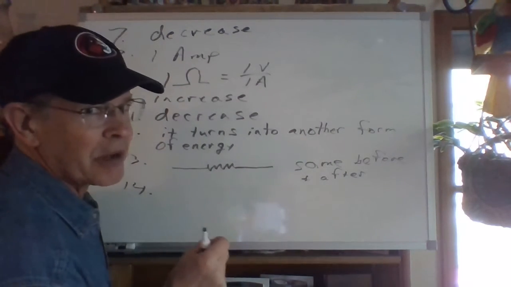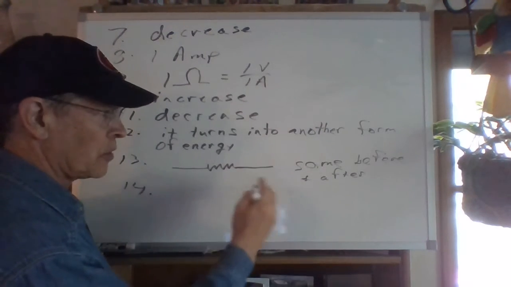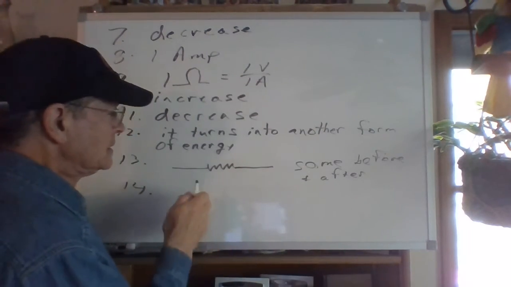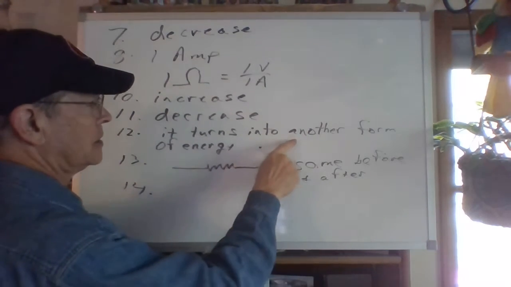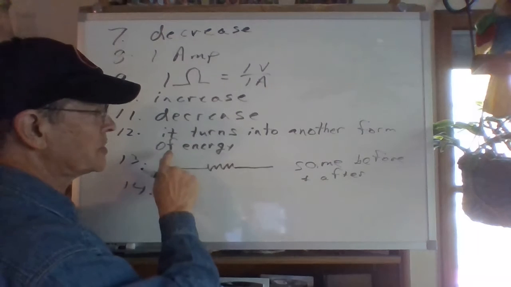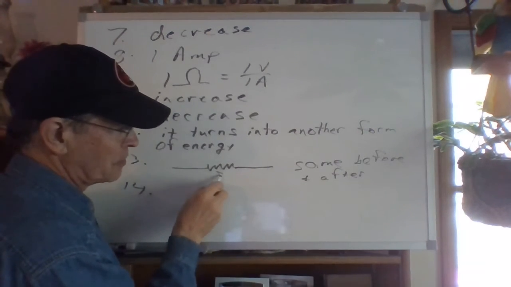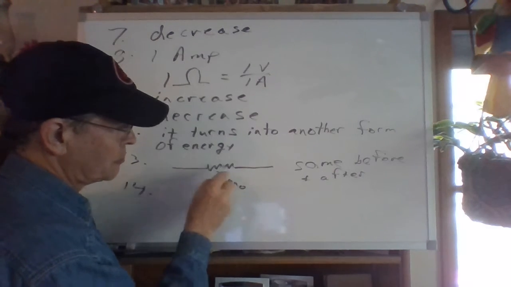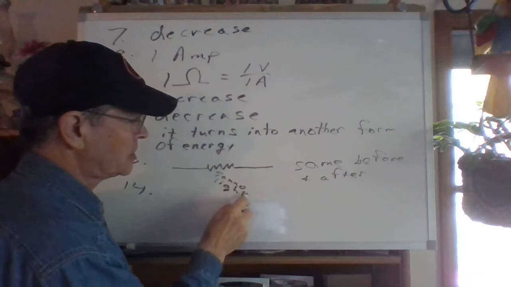How does the voltage after a resistor compare to the voltage before a resistor? Now we're talking about energy. Voltage is how much energy the flow of charge has. So we just said what happens when it flows through a resistor, it turns into some other form of energy. Like this could be producing sound, that could represent a speaker, or it could produce light, or it could produce heat.